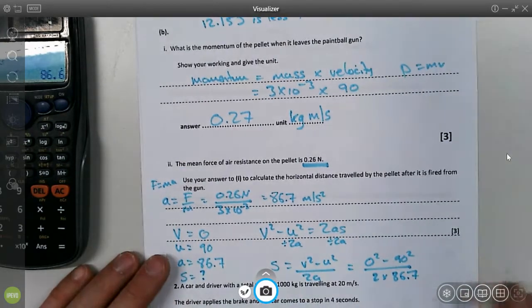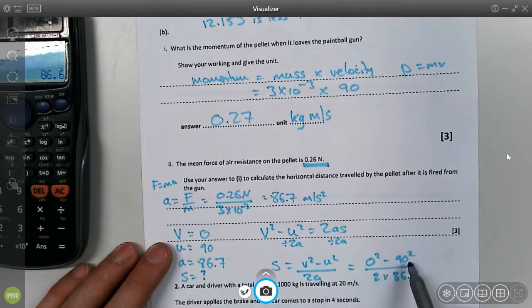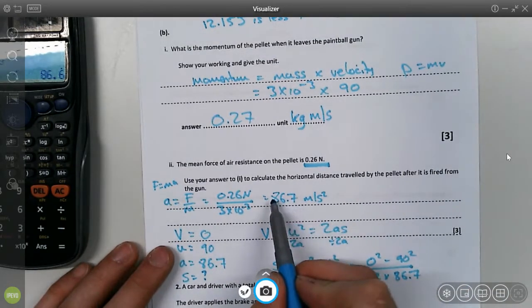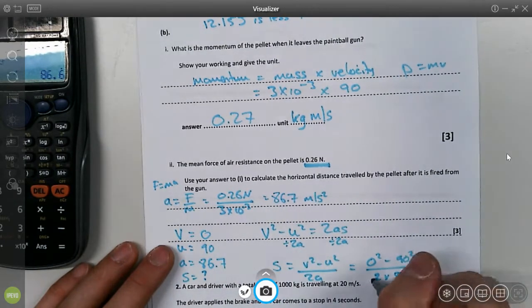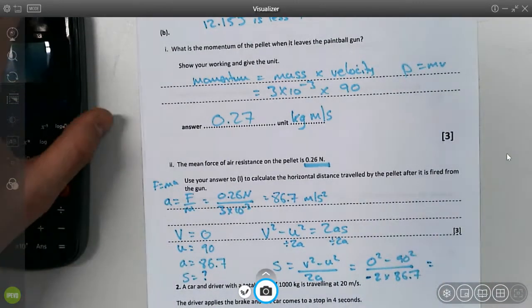Now, you might notice that if I do this, I'm going to get a minus sign because it's minus 90. Well, actually, this force is slowing it down. So being 100% correct, we would actually put a little minus here because this is a deceleration. And the minus signs cancel out and we'll get a positive distance.